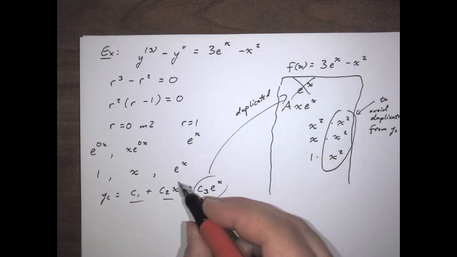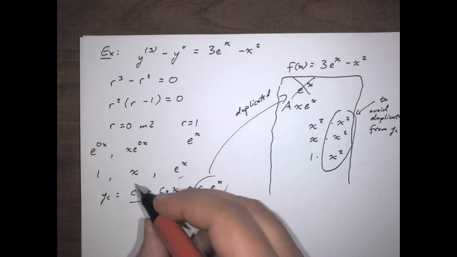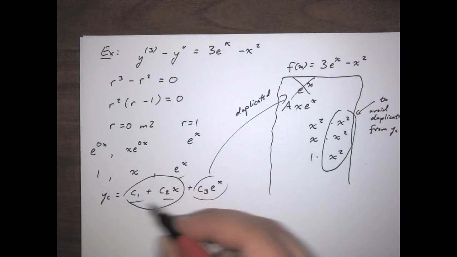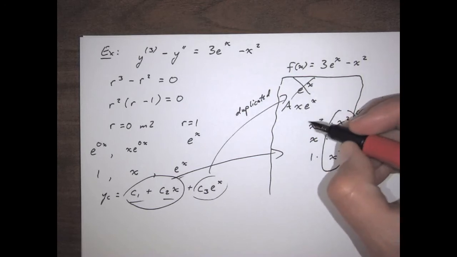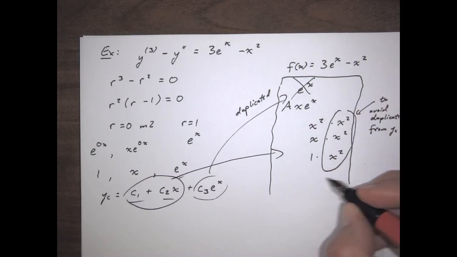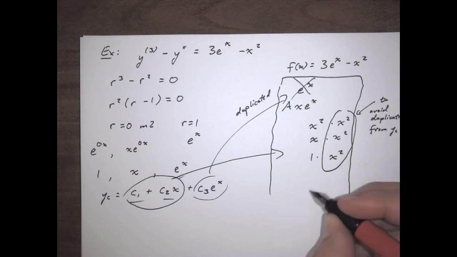So these would have stepped on the toes of the first two there. So I have to multiply basically all of these by a sufficient power of x to clear them all.